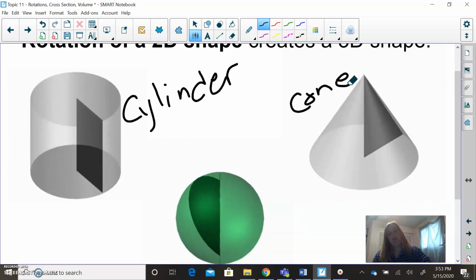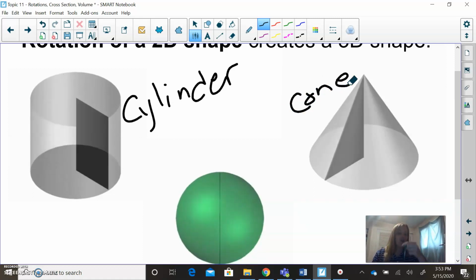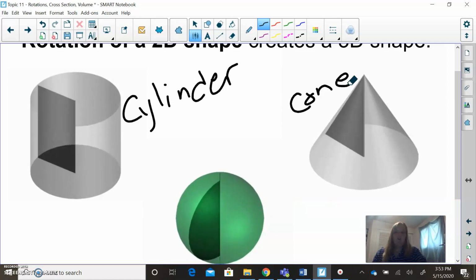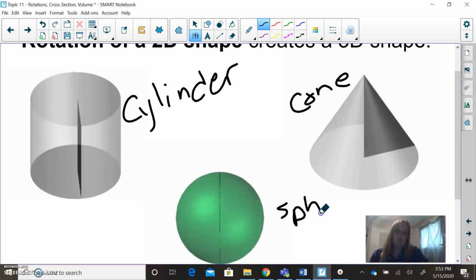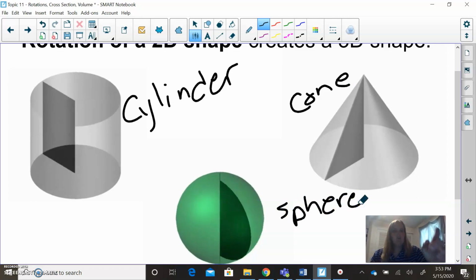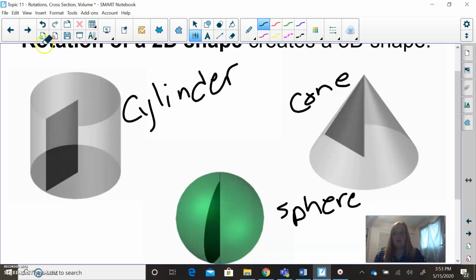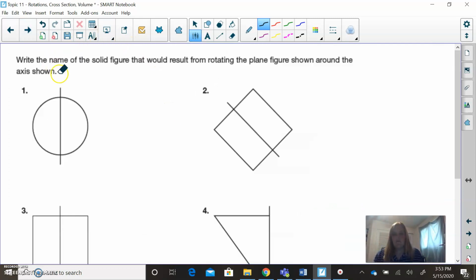Then if we take a half circle and rotate it around a pole or an axis, then it creates a sphere. Boom, boom, boom.